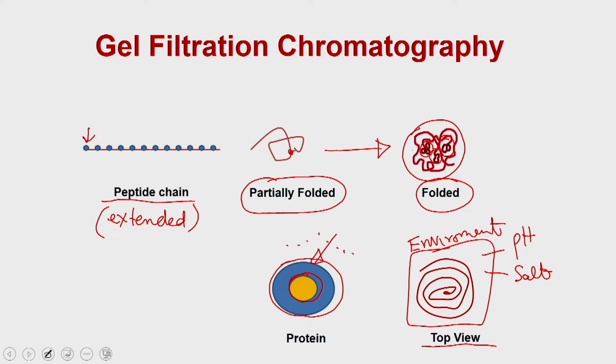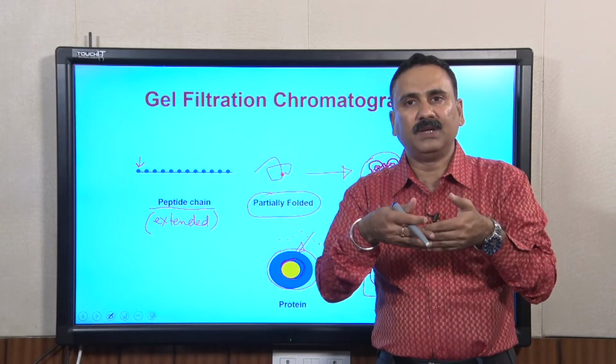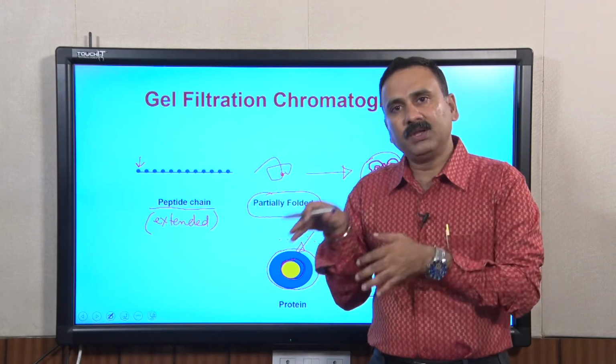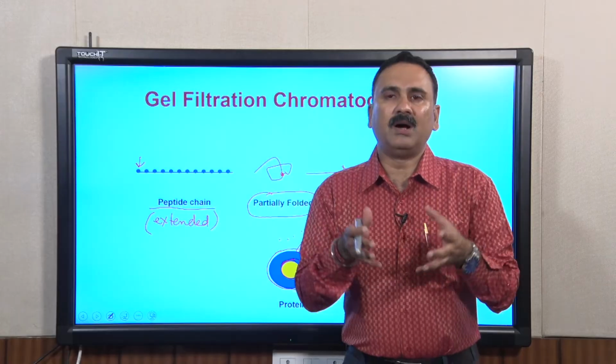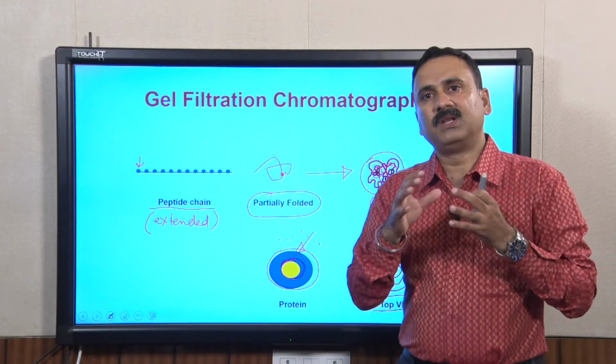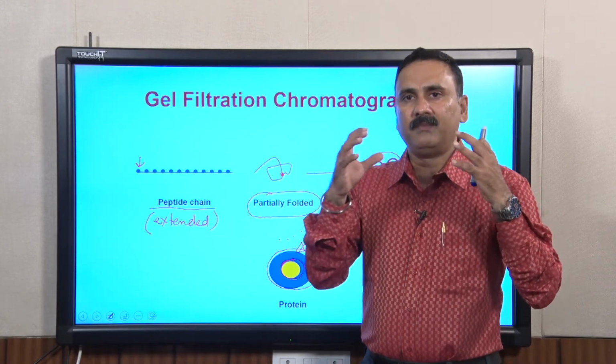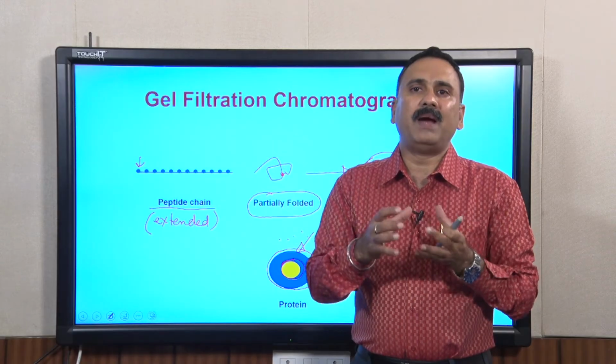Because of that, all the polar as well as the charged residues are arranged outside, and all the hydrophobic amino acids, which do not like water or the aqueous environment, are focused into the center of the protein. By folding around a particular center, the protein conserves energy and makes the structure as compact as possible.